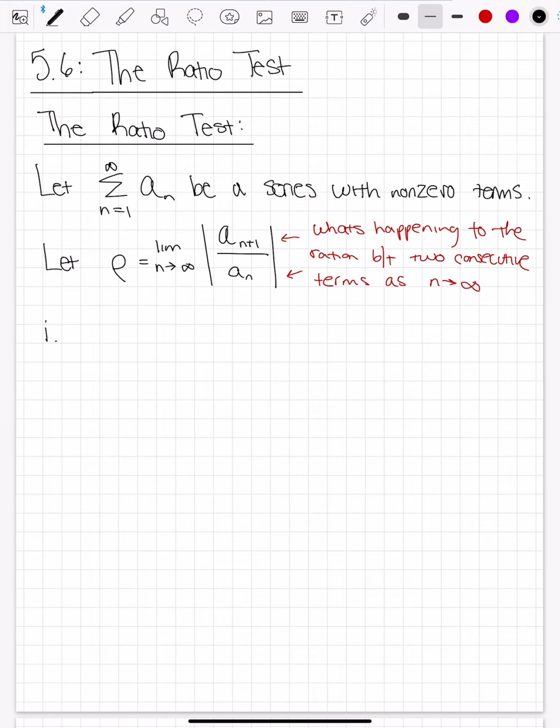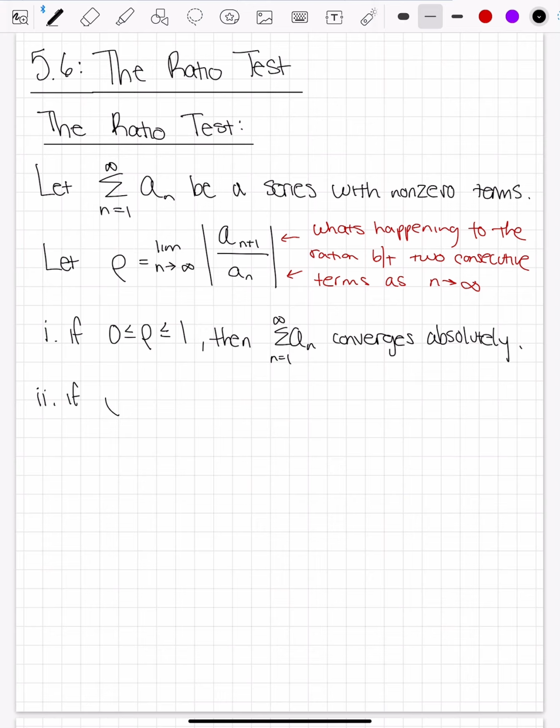If the ratio rho is between 0 and 1, then the series converges absolutely. Second, if the ratio is bigger than 1, or if the ratio is infinite, then the series diverges, because we're talking about the ratio between two terms.